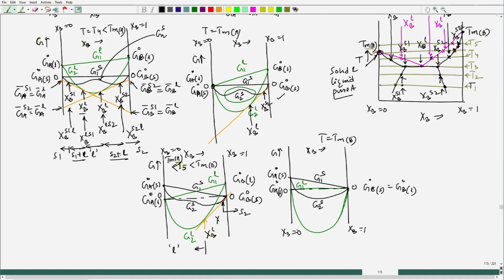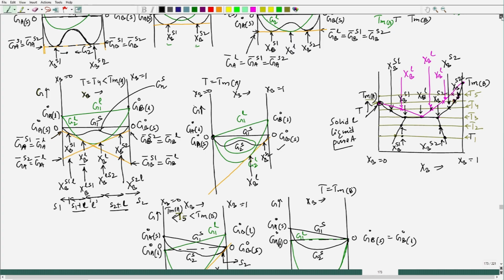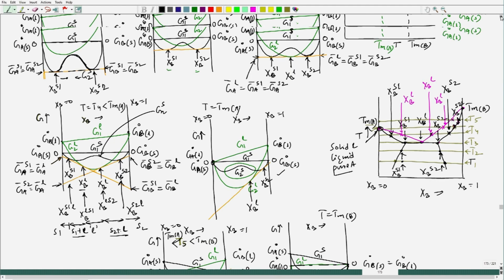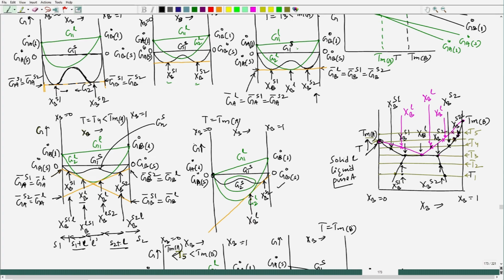Why? If I go to the situation here where T3, where 3 compositions are falling on a single common tangent, that actually indicates that between these 2 compositions we have solid and liquid phase together, and we have 2 solids, and any composition you take between this will break into 3 phases.